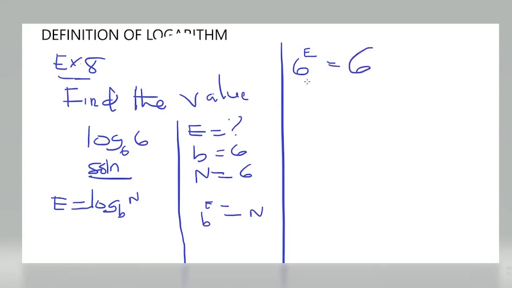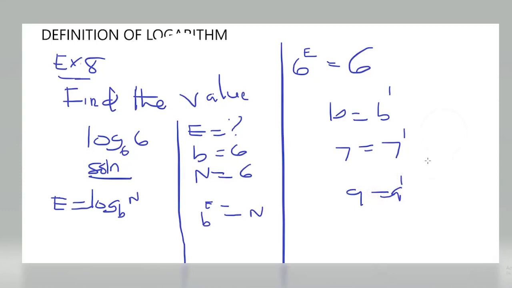Since we have a base of 6 common to both sides, which number should I put here? Any number without an exponent is power 1 by default. For example, b is b power 1, 7 is 7 power 1, and 9 is 9 power 1.